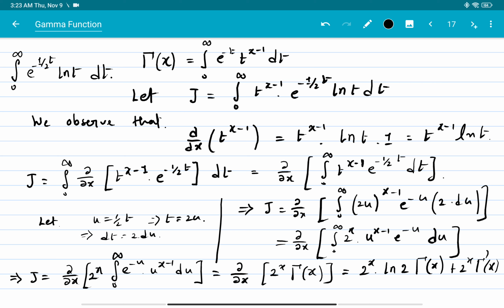That means I am differentiating this gamma function.